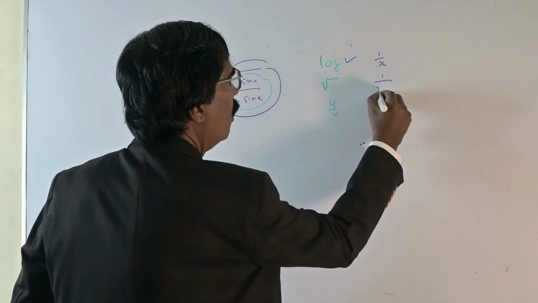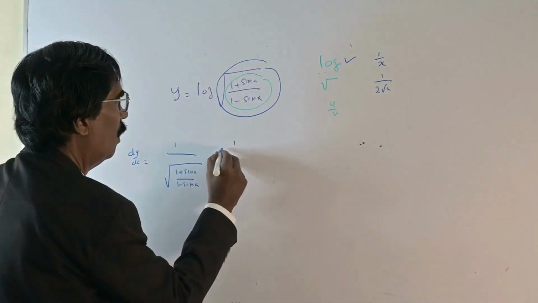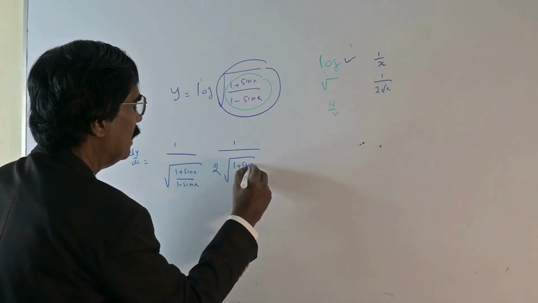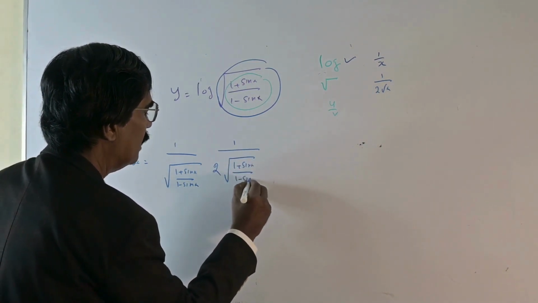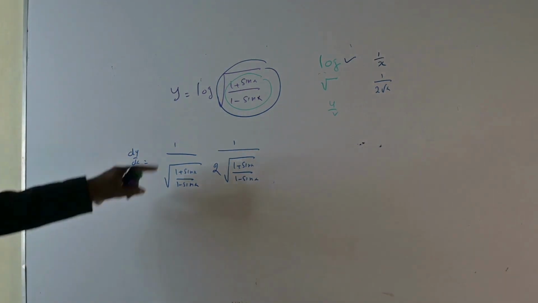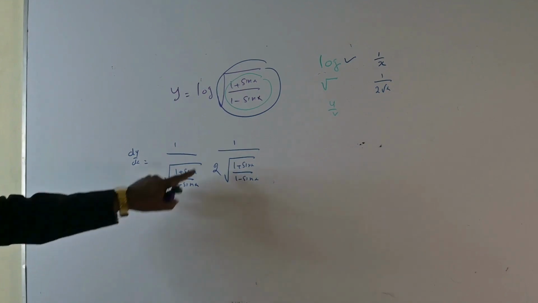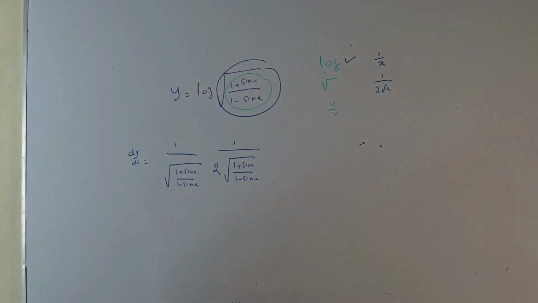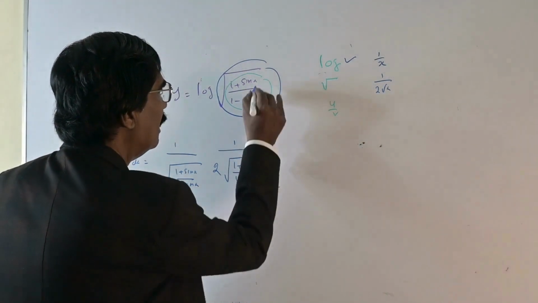Root is 1 by 2 root x. Look, 1 by 2 root of 1 plus sin x by 1 minus sin x. Is it not? Log 1 by x, 1 by 2 root this x.